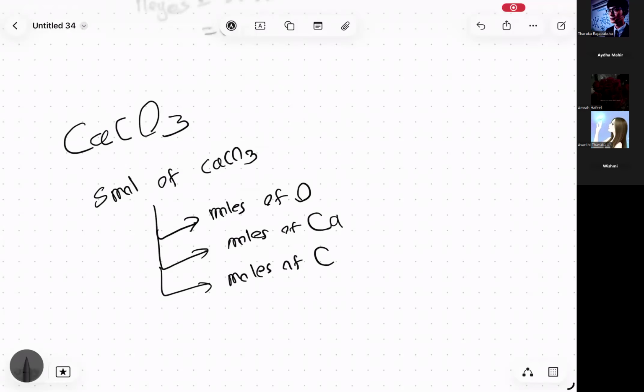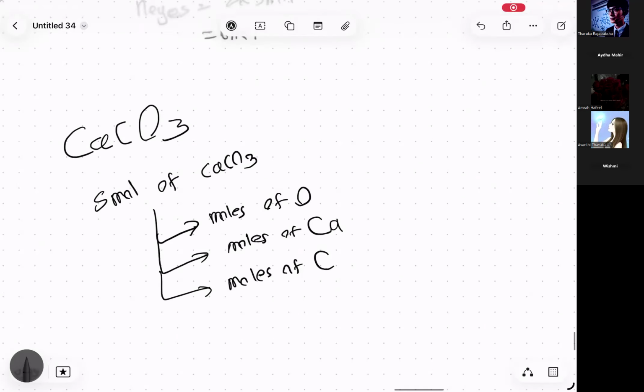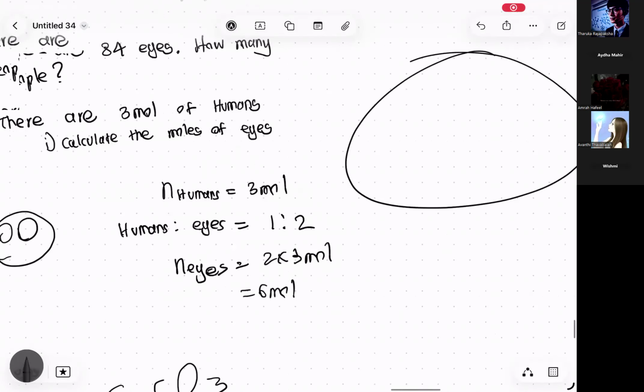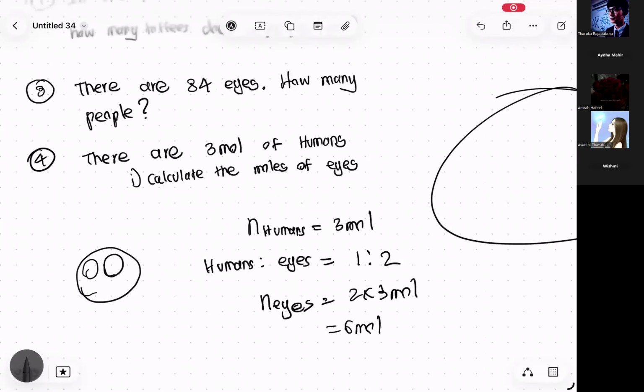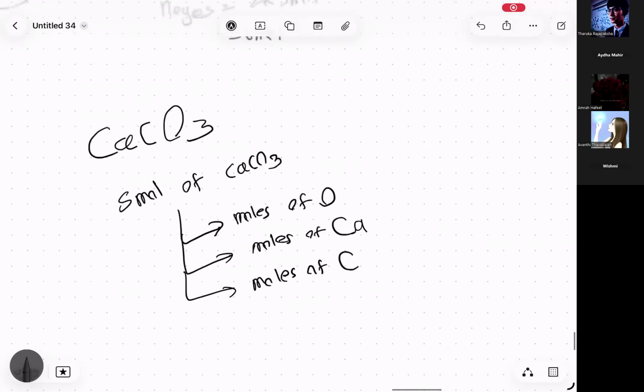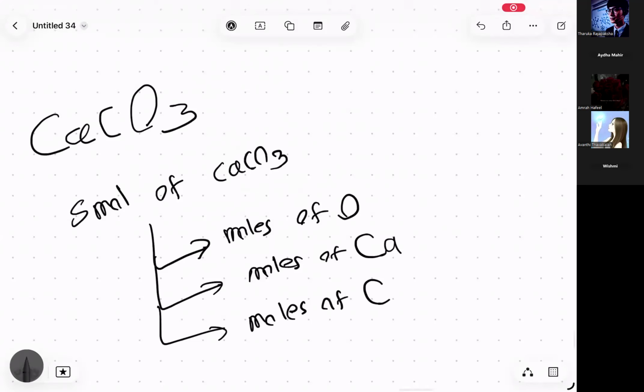Just like the human theory. I told you there are 3 moles of humans, and they ask for the moles of eyes. One person has two eyes, so you multiply by 2. Here, 5 moles of calcium carbonate is there and you have to calculate the number of moles of oxygen, so you multiply that by 3. 5 multiplied by 3, 15 moles.